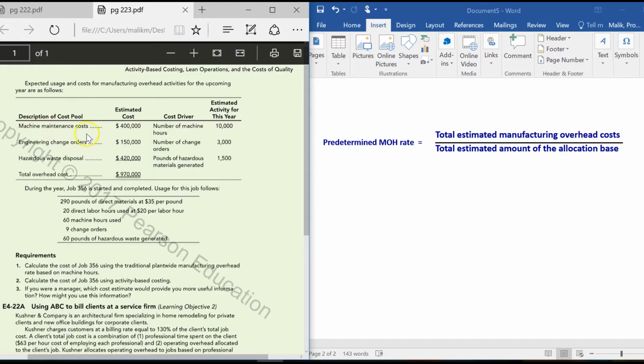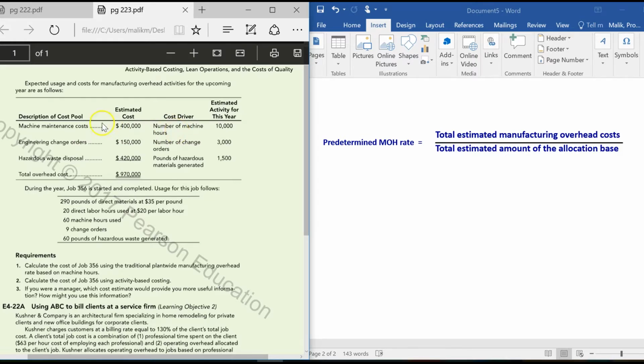So we see they have three activities: one is machine maintenance, another is engineering change, another is hazardous waste disposal. And for each activity, they have a total amount of estimated cost. And these costs are driven by some specific allocation base or cost driver.